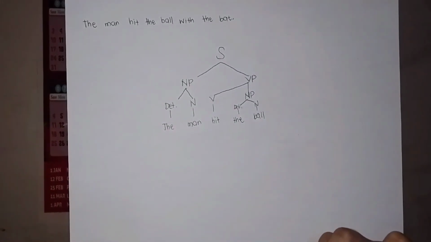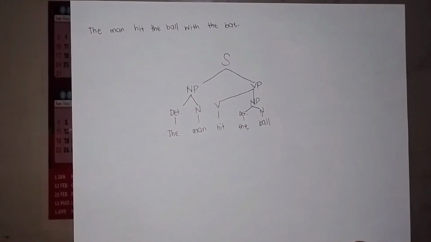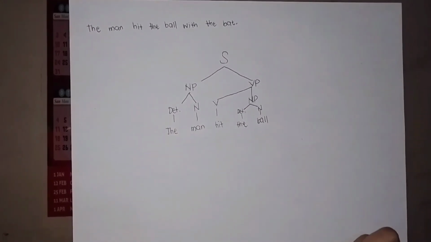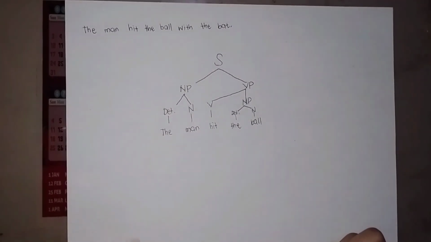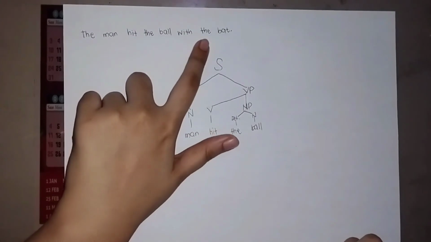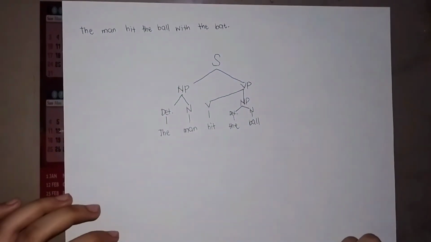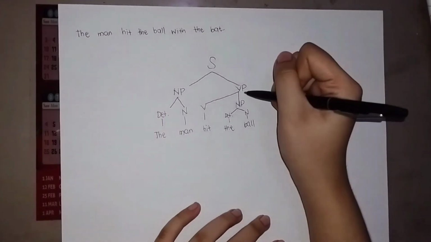And then we have the prepositional phrase. So remember that in the phrase structure rule, a prepositional phrase should have a preposition and a noun phrase, just like what we have here with the bat. So let's put another phrase under the verb phrase and write down the preposition with.